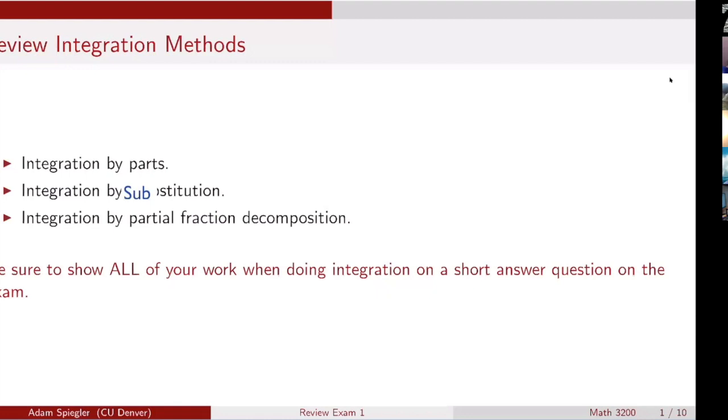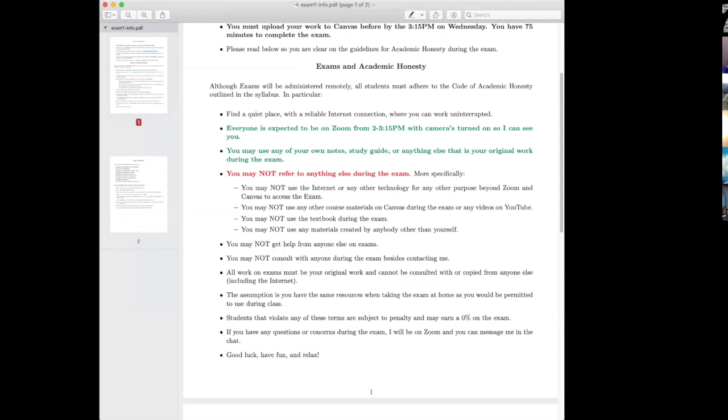So your first page, let me share a different screen here. Okay, so what you're looking at over here is the information on what you're allowed to use and not allowed to use. These were the instructions for my Math 3000 exam, so the times are off a little bit, but you're going to be allowed to use the same types of materials and not allowed to use the same types of things on this exam.